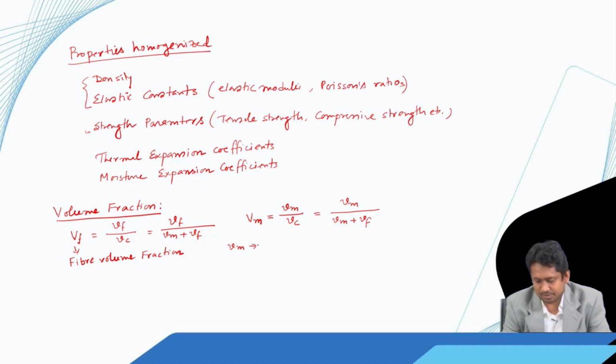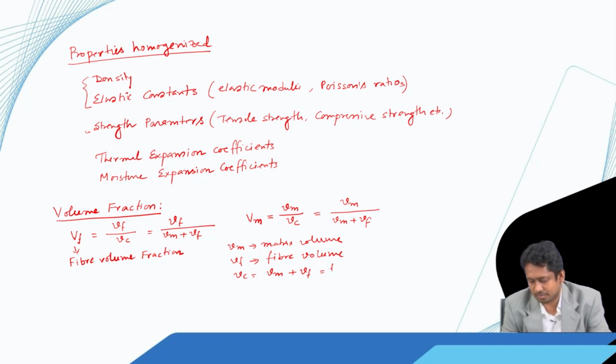So, Vm denotes matrix volume, the volume itself, not any ratio. Similarly, Vf is fiber volume and Vc is equal to Vm plus Vf is equal to total volume of the composite.